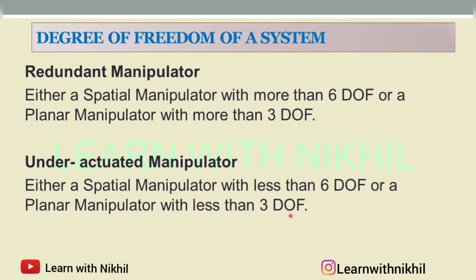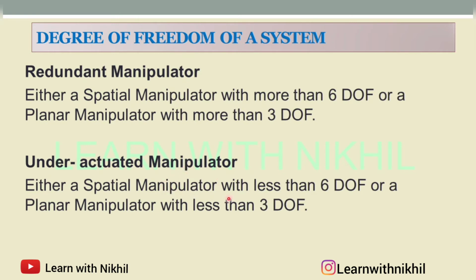But if a spatial manipulator, which has 3 positions and 3 orientations, has 5 degrees of freedom, it is less than actually required, so it is an underactuated manipulator. And in a planar manipulator, if it has less than 3 degrees of freedom, again it is underactuated.